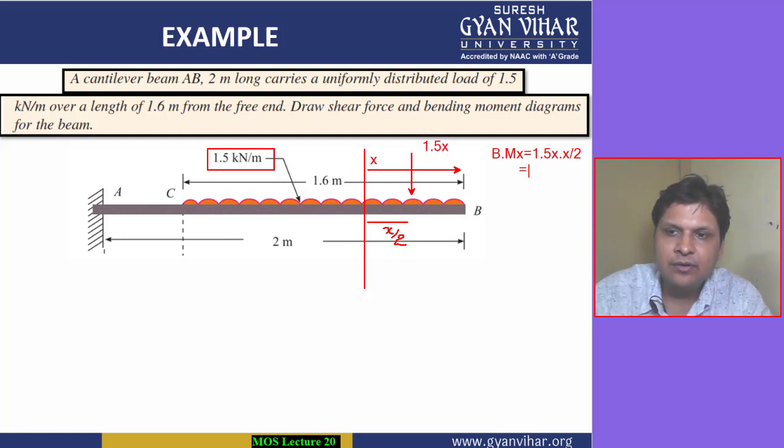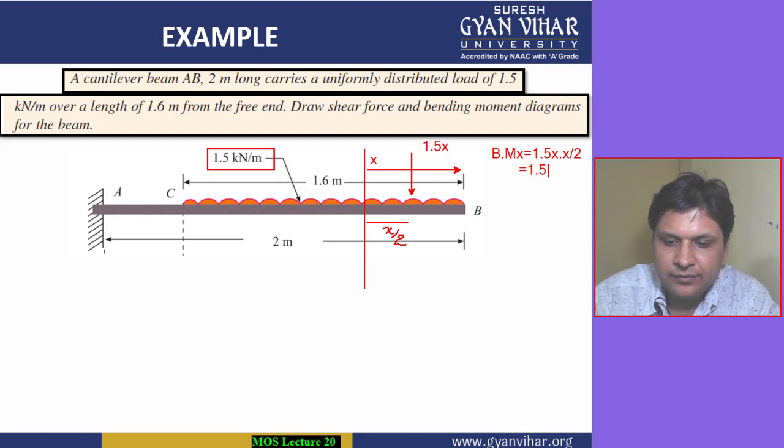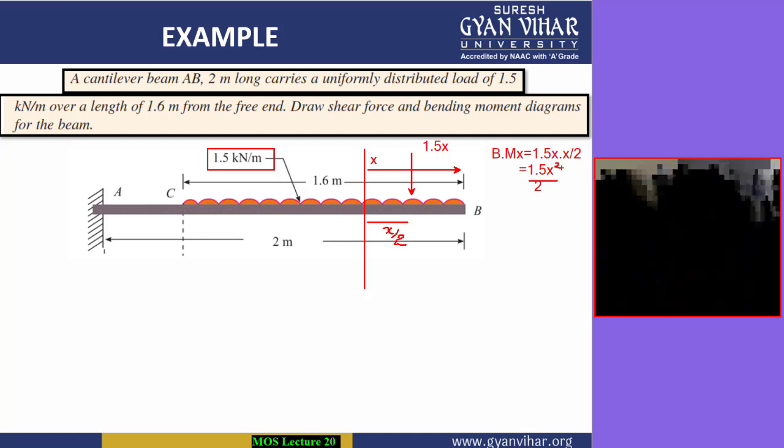You can write it in this way also. 1.5 x is the load. It is in kilonewton, and the distance is in meter, so no need to convert. Directly you can also write 1.5 into x square divided by 2. I hope you are understanding what I am writing here. Here you will put x square.